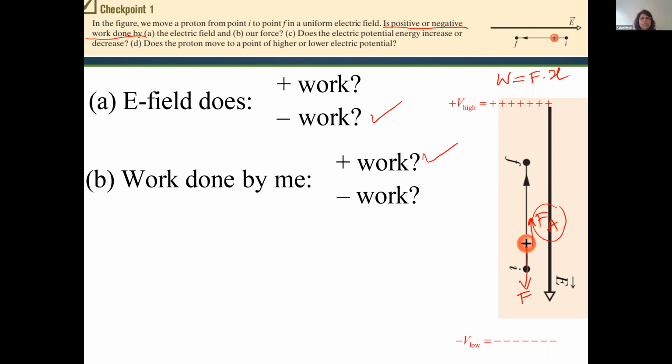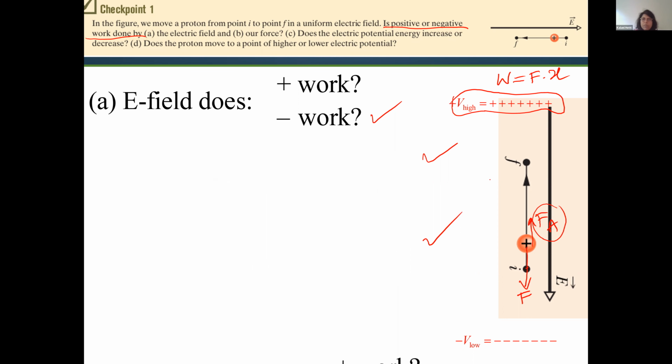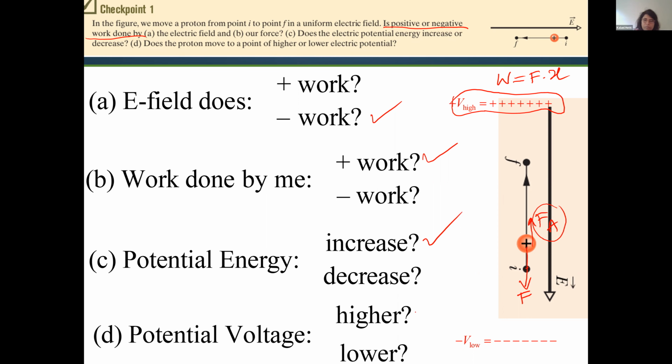Okay, now let's move on to C. Does the electric potential energy increase or decrease? Moving from here to here, the electric potential energy increases because you're going to move into the high voltage. So it will increase. And the last question is, does the proton move to a higher potential or a lower potential? Definitely it will move to the higher potential, because it moves into the high voltage position.